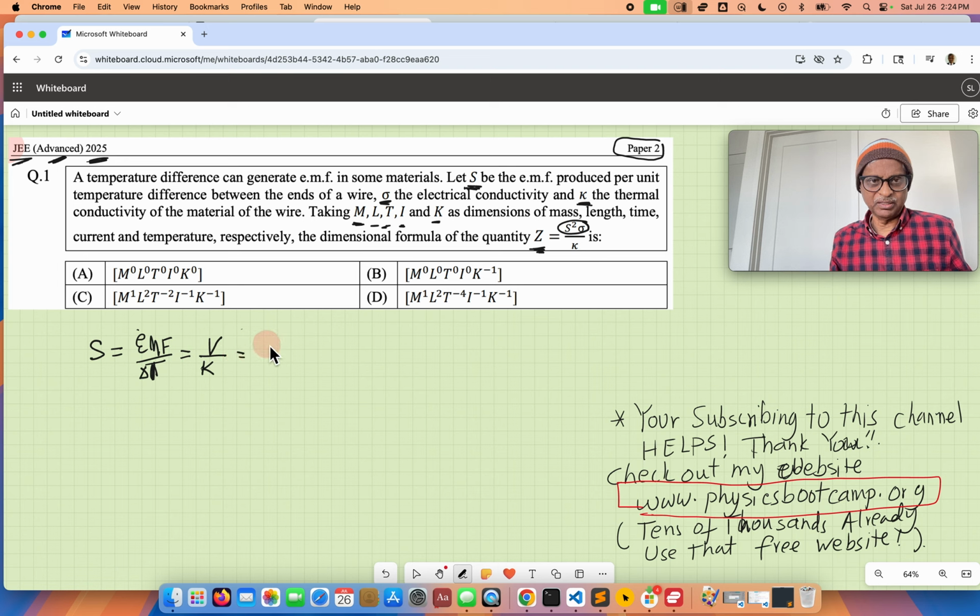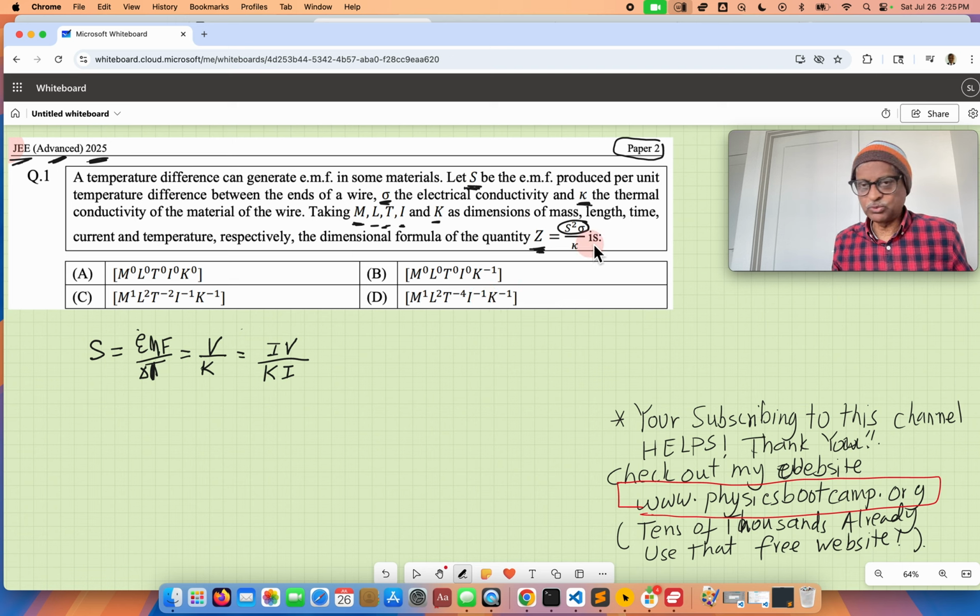Maybe we can do I times V. First, we should do it so that we can simplify this stuff.